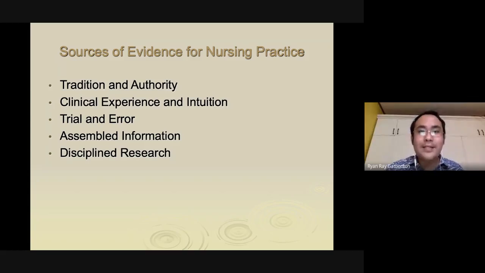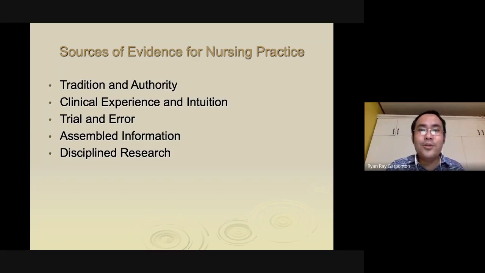Assembled information is a source of evidence where you try to piece together information from different practices and apply it to your own context. This can be a good source of information because you try to validate a certain perspective from different professions.